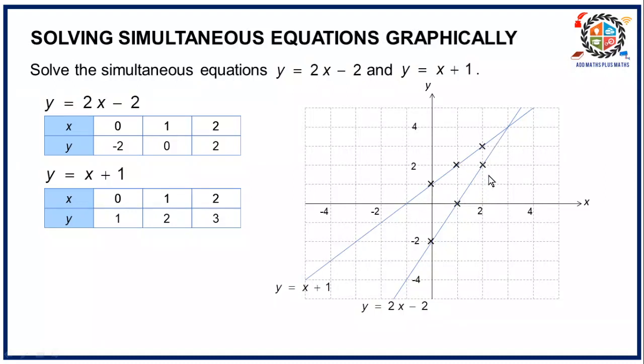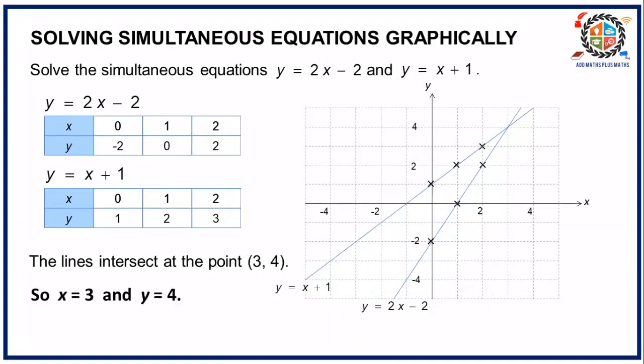You will notice that the two lines intersect at a certain point over here, which is represented by the coordinates: 3 is the x coordinate and 4 is the y coordinate. So the lines intersect at the point (3, 4), and the solution of the simultaneous equation is x is equal to 3 and y is equal to 4.